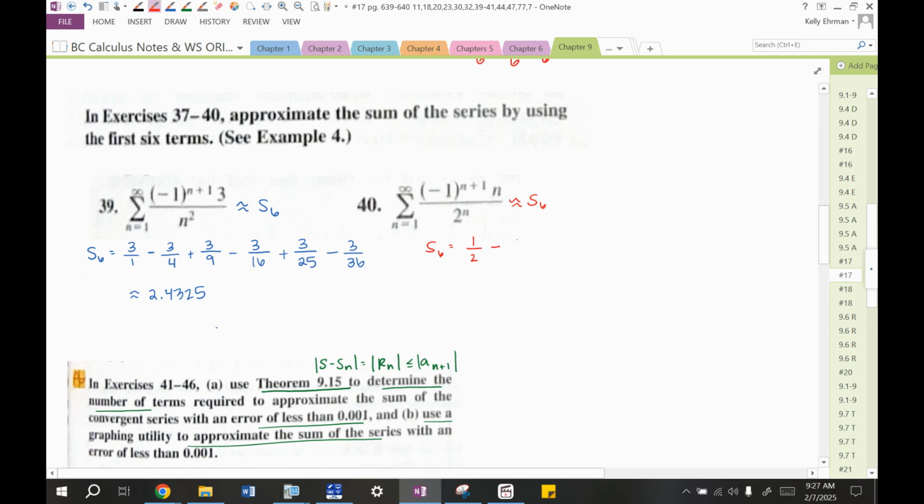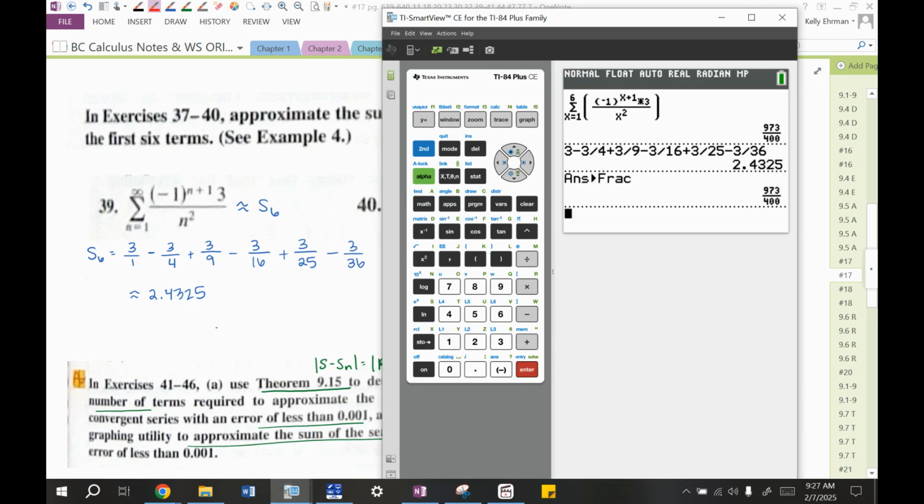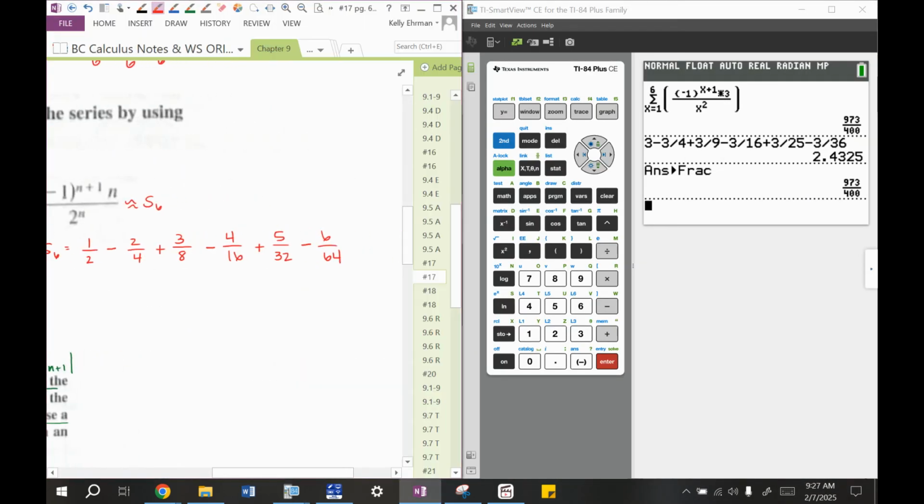We're plugging in 2, 2 over 4, plus, plug in 3 over 8, minus 4 over 16, plus 5 over 32, minus 6 over 64. Or I can hop over to my calculator and type in my stuff.